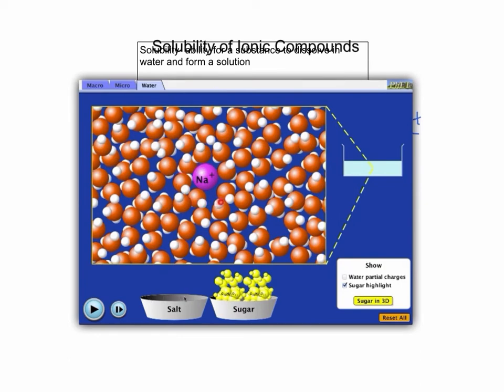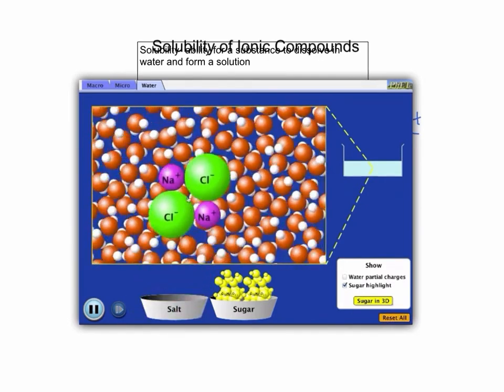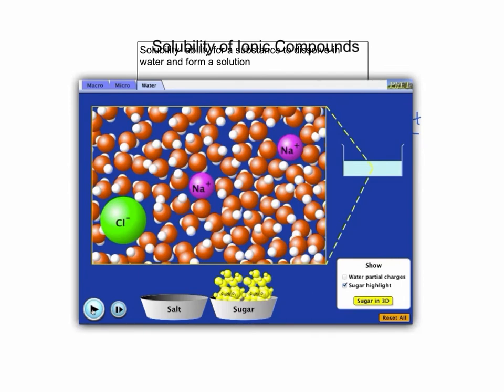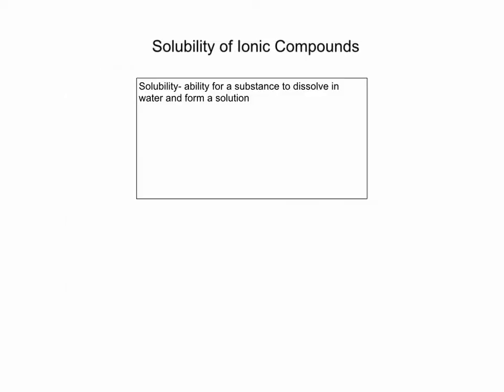Notice how around this sodium the negative oxygens are all facing it because the negative end is attracted. Now watch the chloride ion, and you can see that the positive ends, the hydrogens, are facing the chloride. And again, the negative ends are facing the sodiums. So ionic compounds dissolve because of this attraction between ions and the polar or dipole water. And if a salt is able to dissolve, we call it soluble.